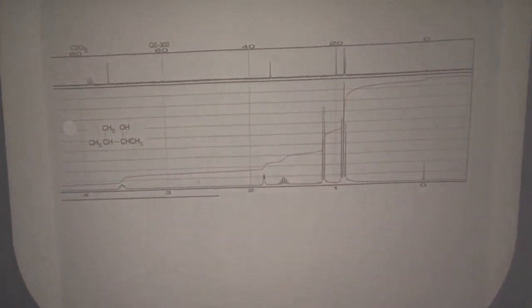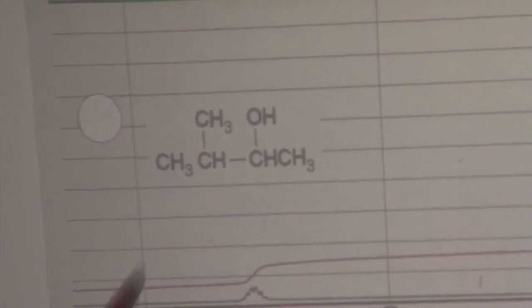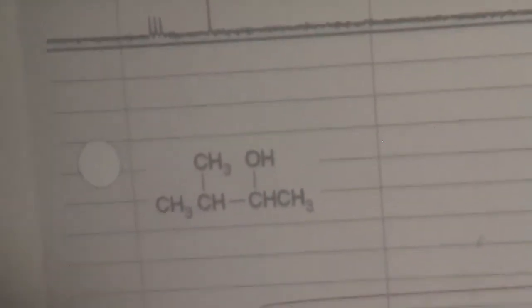So here we have the molecule 3-methyl-2-butanol. And what I want to point out to you is in 3-methyl-2-butanol, the 2 methyls are not the same. They're diastereotopic.